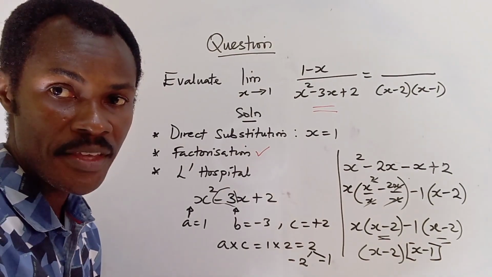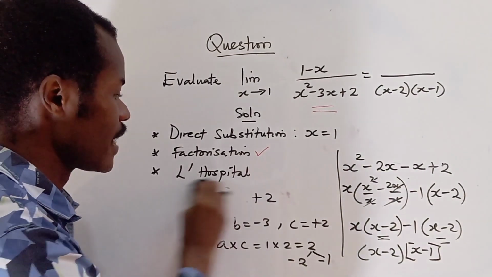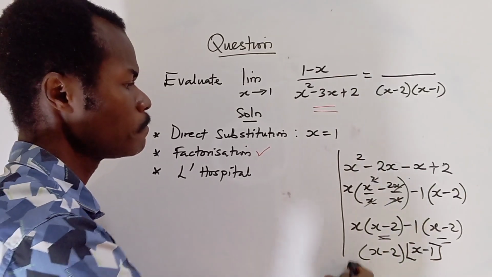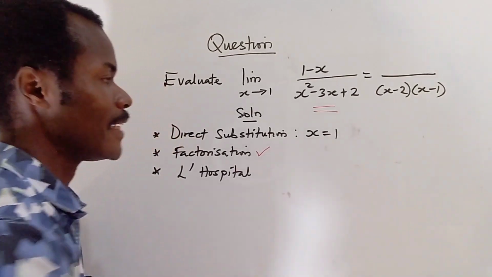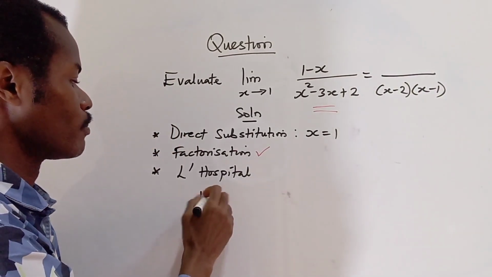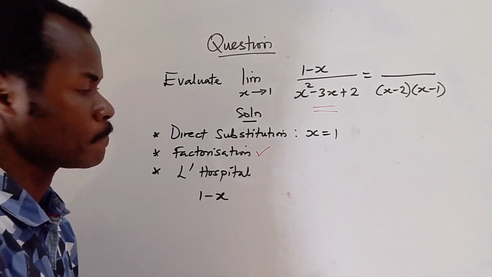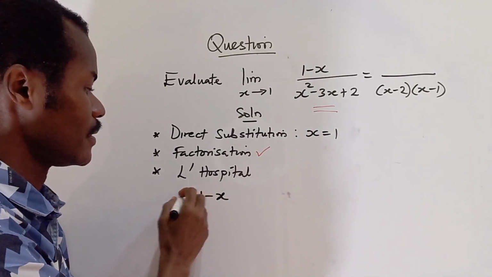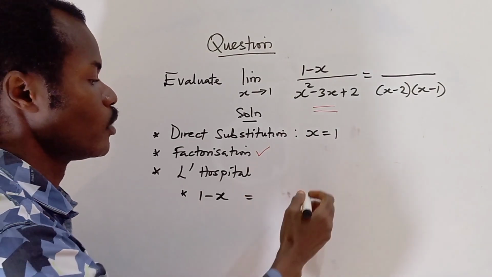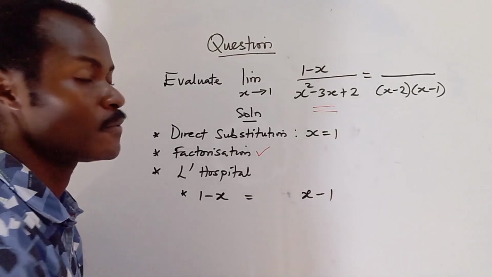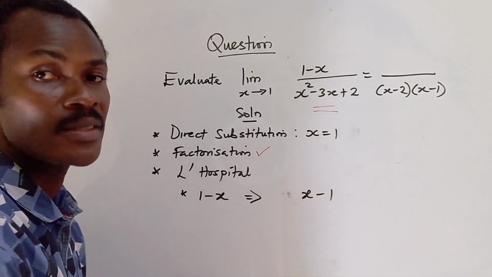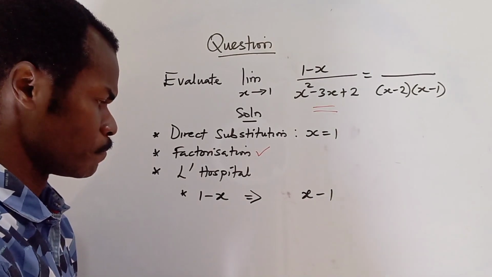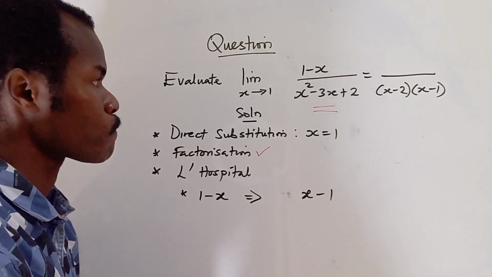But now there is something that we can observe at the numerator. For the numerator, we can realize that we have 1 minus x, okay? Now we don't need this, but instead we are looking for x minus 1. So how do we make this to become like this? Okay, it's very simple.